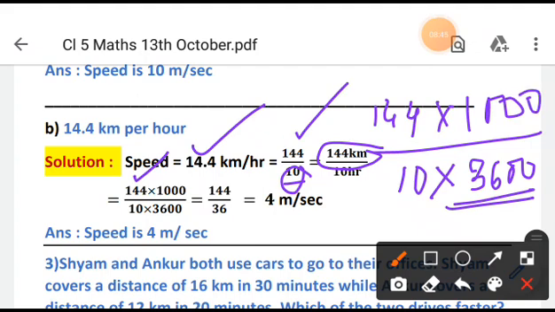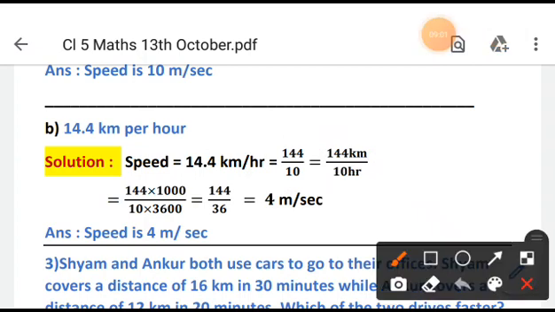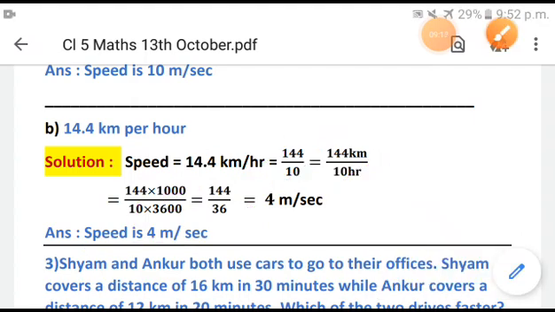And on top it is multiplied with 1000 because we are converting the speed from kilometer to meter. So now you write and do the cancellation as shown here. You are going to cancel these 2 zeros and then one more 0 is here, you can cancel out. Then you write 144 divided by 36, that is 4 meter per second. So you are going to write speed is 4 meter per second.